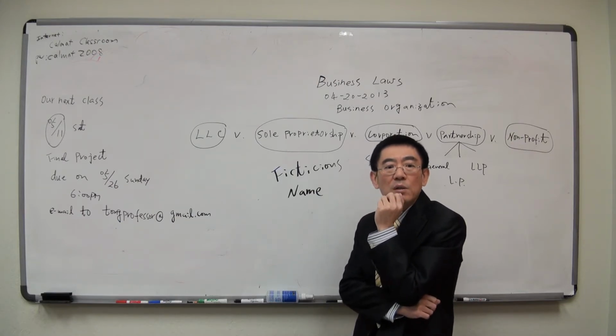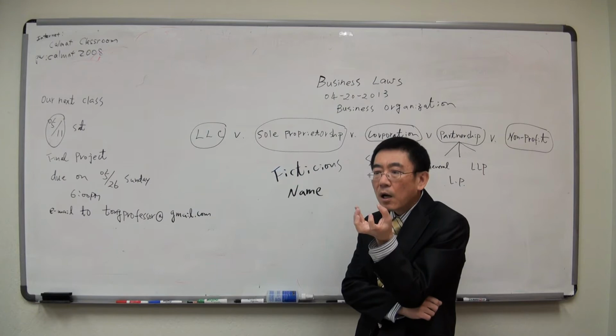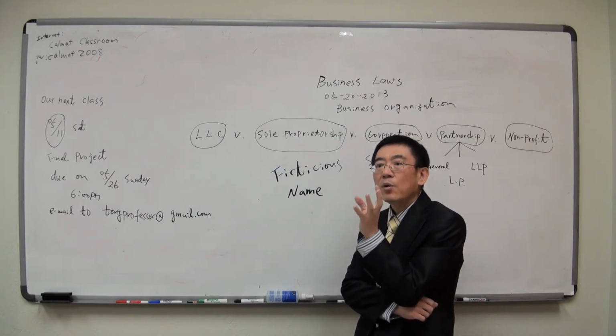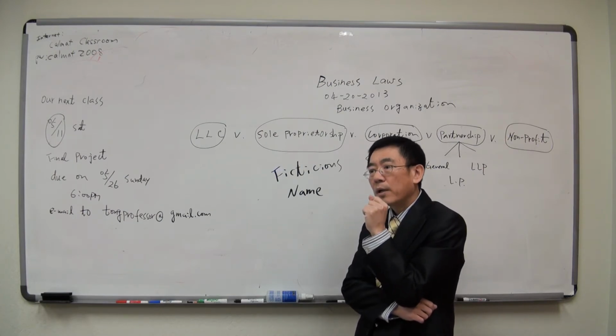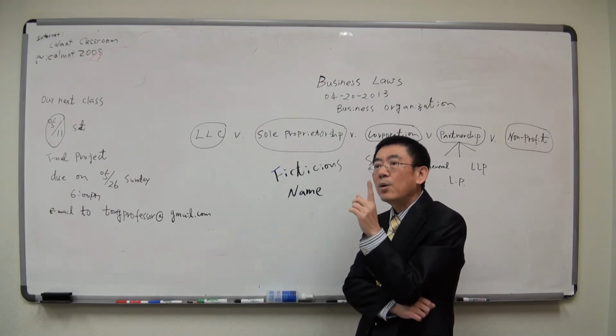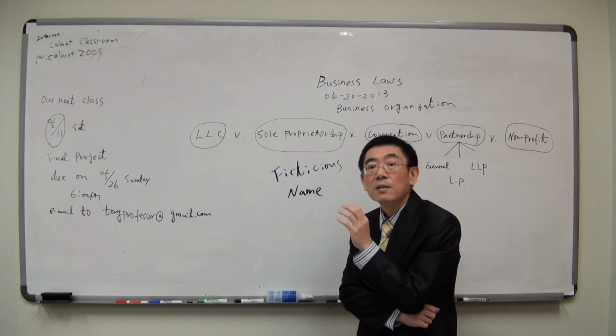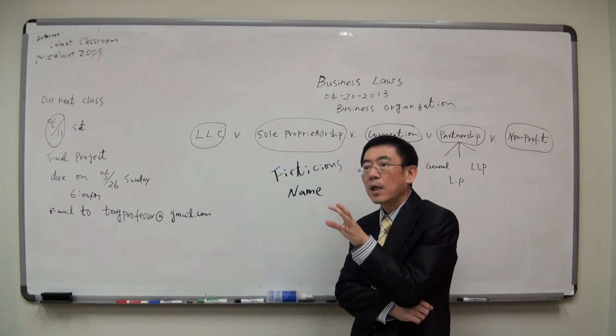So even if you pick a name somehow similar or almost exactly the same as another one, as long as the other party doesn't file a complaint, you're okay. So number one rule is you pick the name, preferably unique. You create the name, okay?